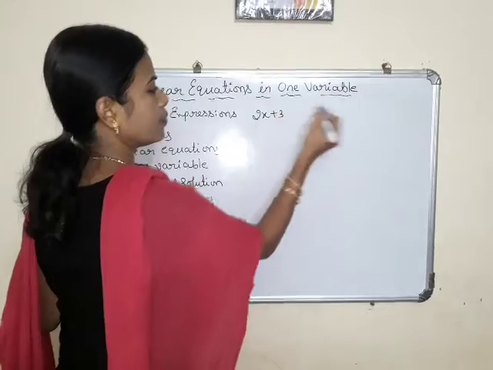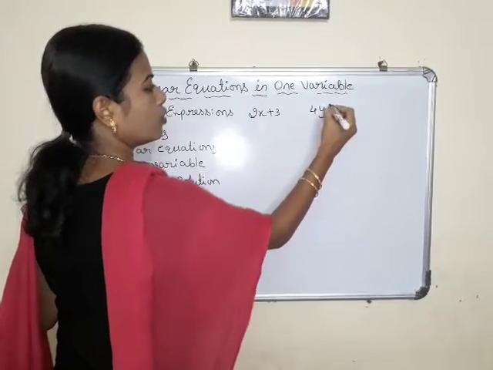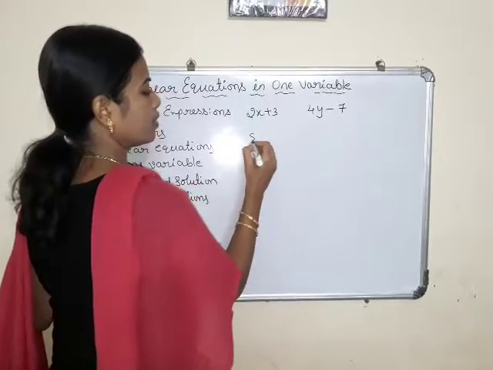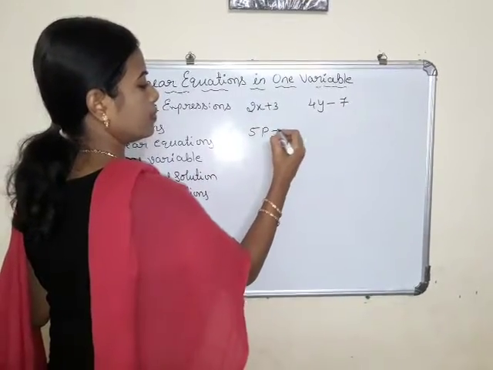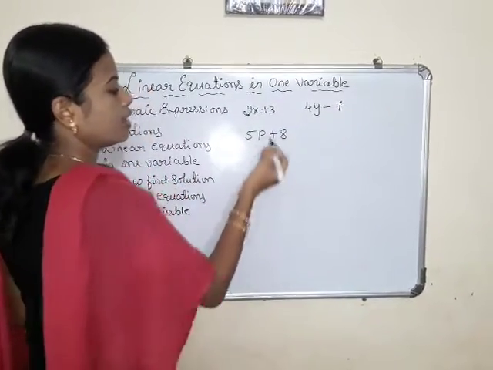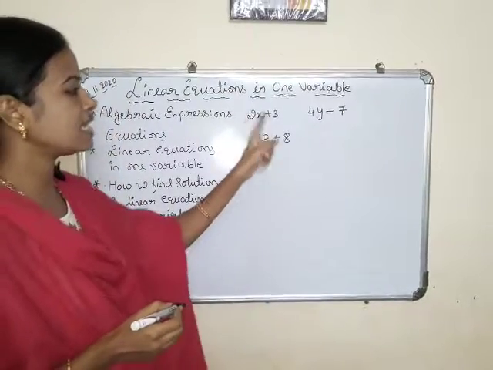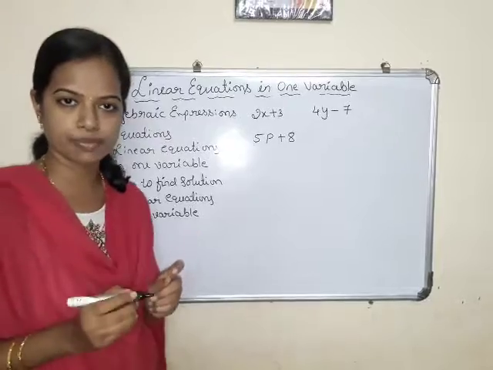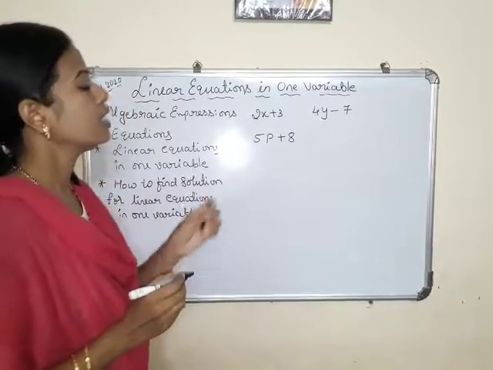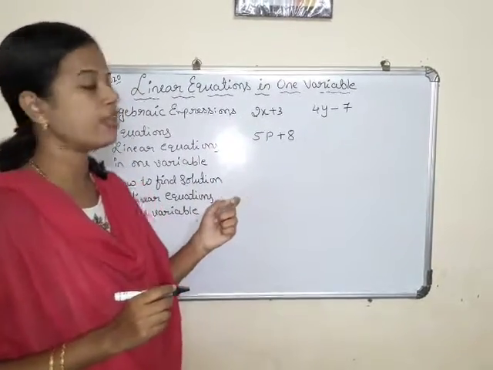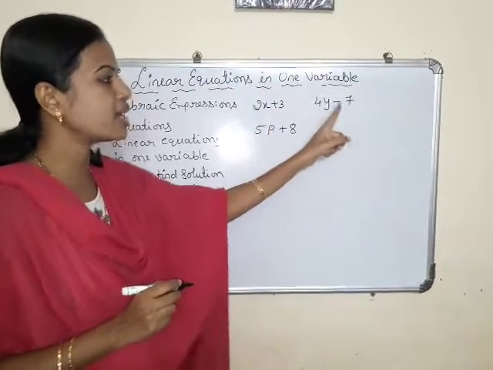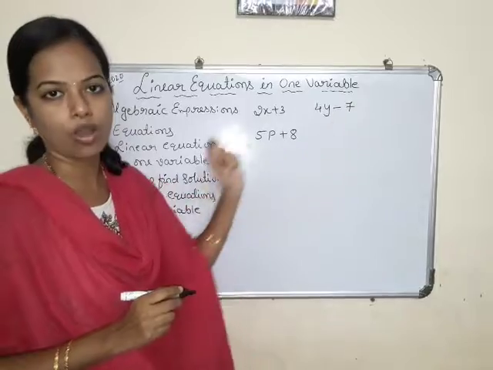2x plus 3, 4y minus 7, 5p plus 8. Here I gave some examples. These examples are called algebraic expressions. An algebraic expression is a combination of variables and constants connected with fundamental mathematical operations.